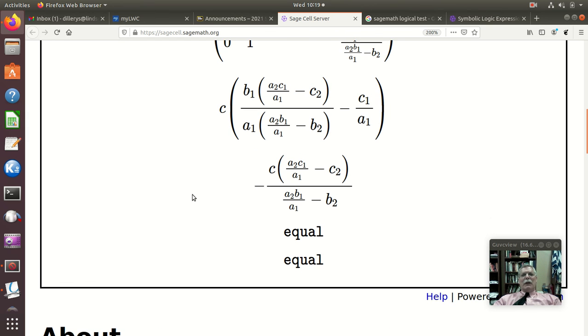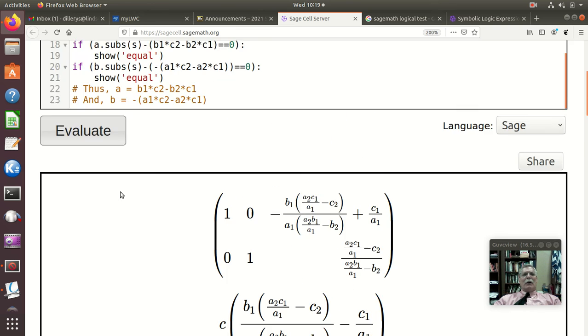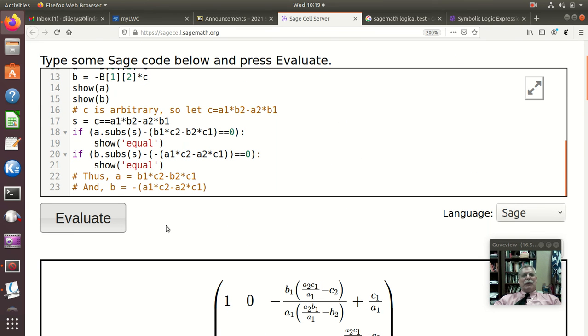And so if I let C arbitrarily be, so I've got a lot of choices for C. If I let C arbitrarily be this value, then A and B are these values respectively. And that's what this says. So thus A is that and B is that.